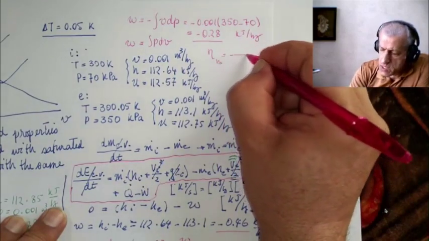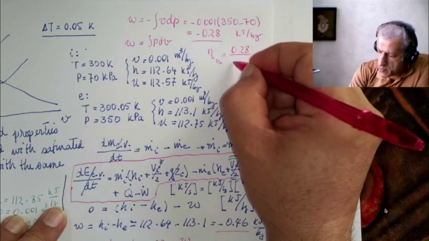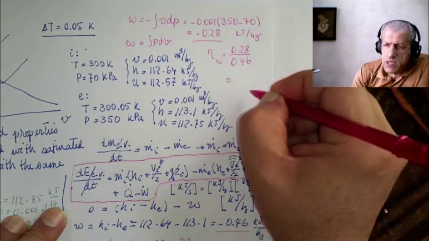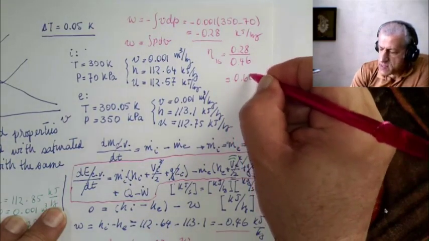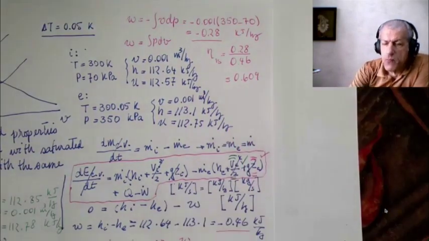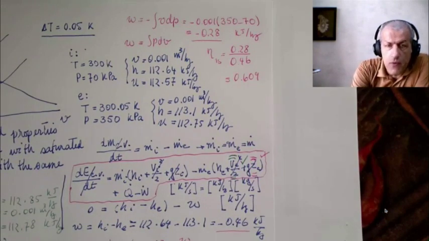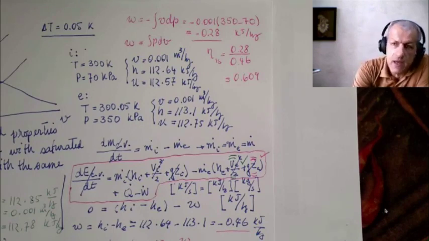efficiency, which is 0.28 divided by 0.46, which finally would be 0.609, which is quite usual for a pump to have 61% efficiency.